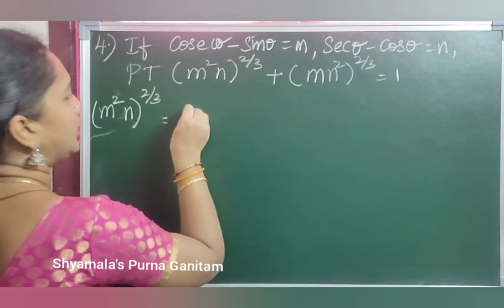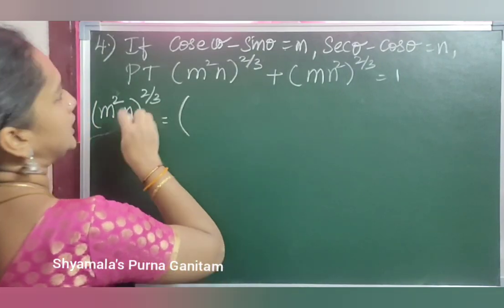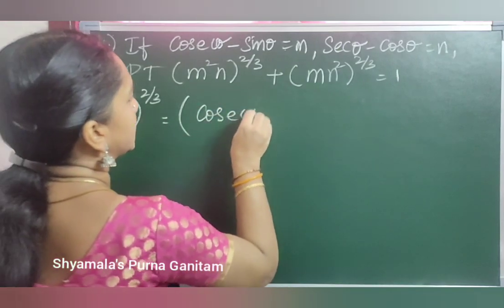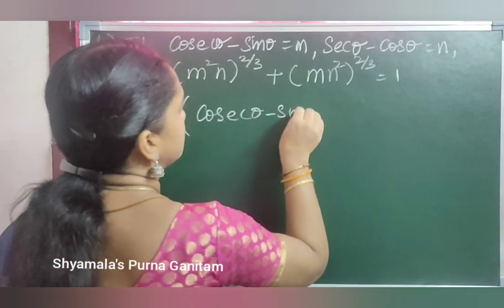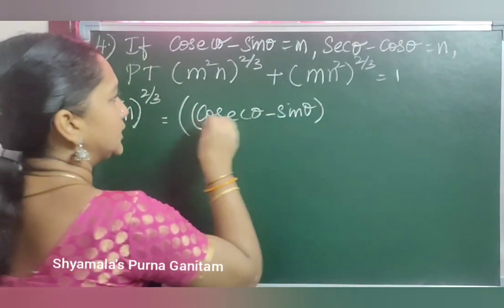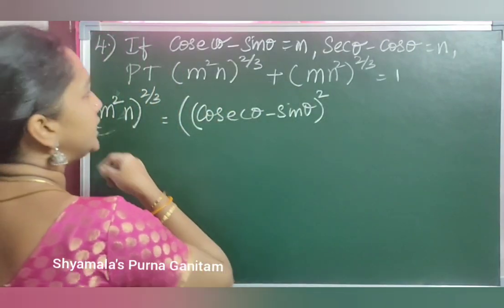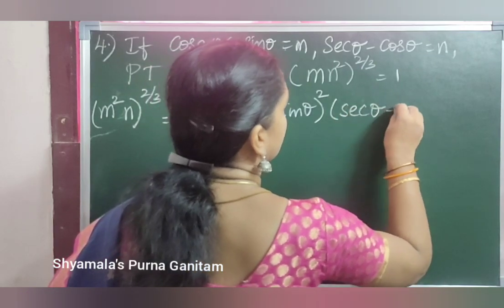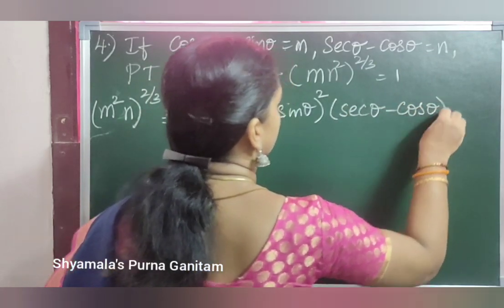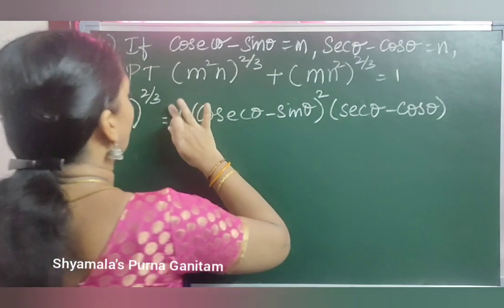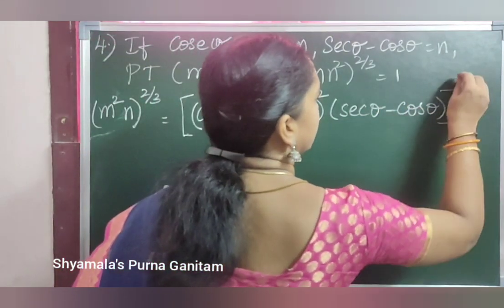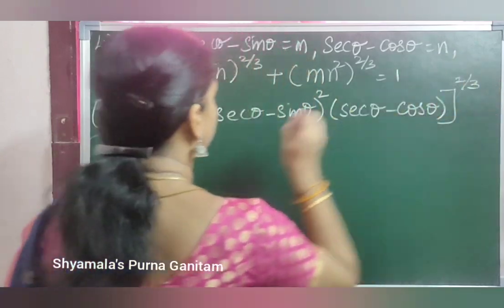So (m squared n) whole power 2 by 3. So m squared is cosecant theta minus sin theta, this is m whole squared, into n. So into n is secant theta minus cos theta. This one is whole power 2 by 3.